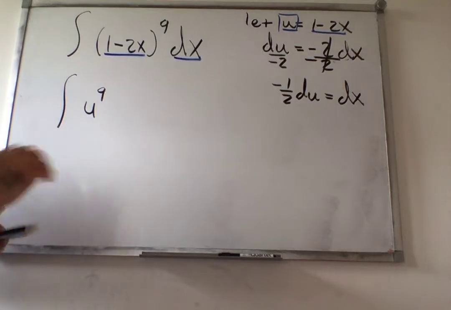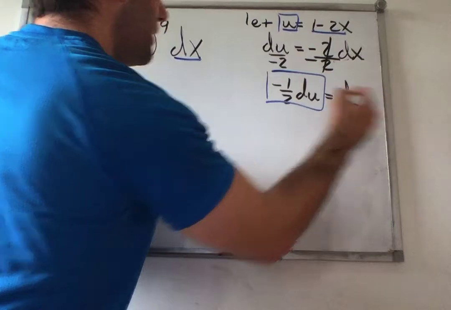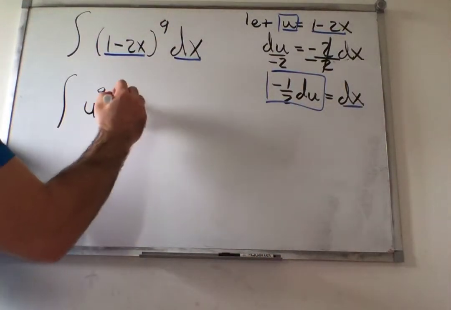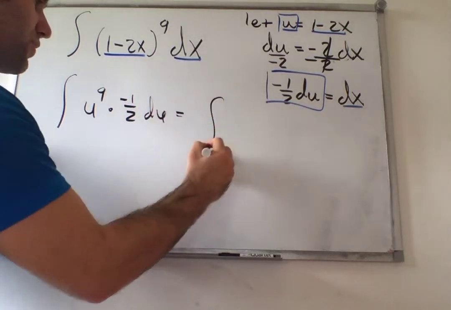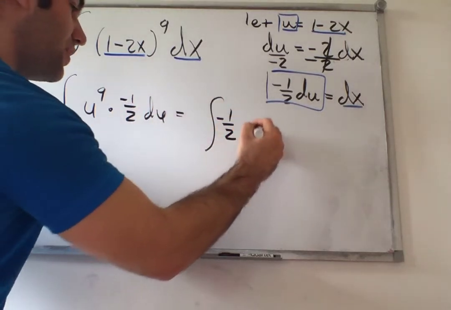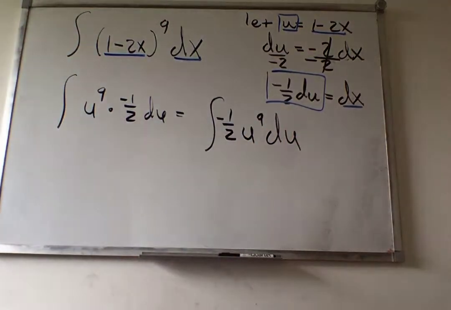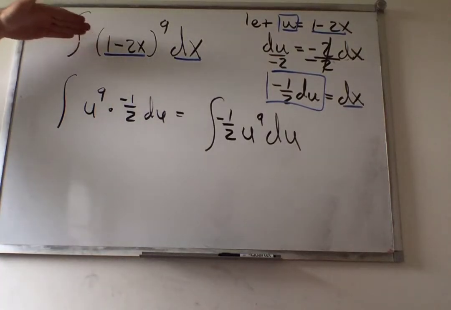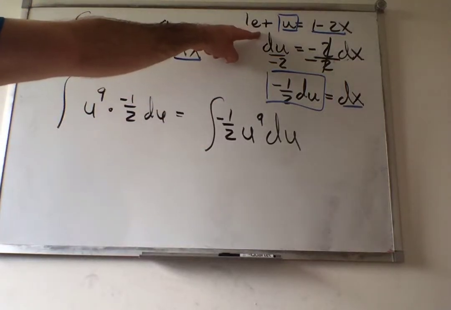So now what I'm going to do is take this part right here and plug it in for dx. So this is multiplied by -1/2 du. So this is the integral of -1/2 u to the 9th du. So we just rewrote this integral in terms of u upon this variable substitution.